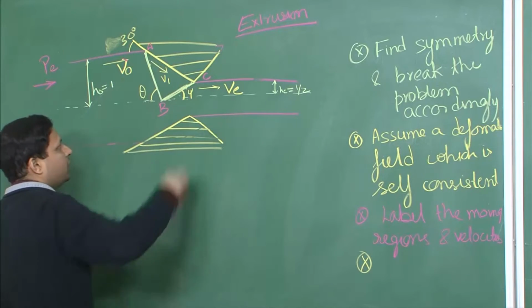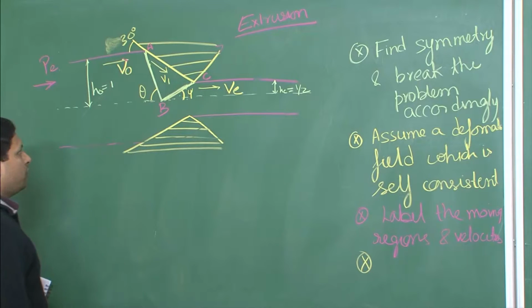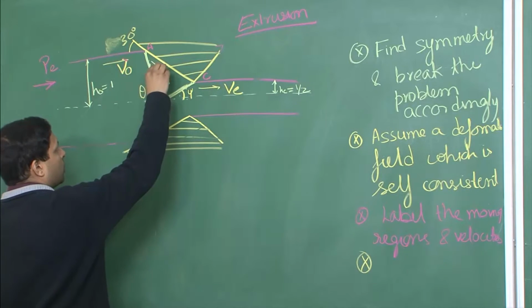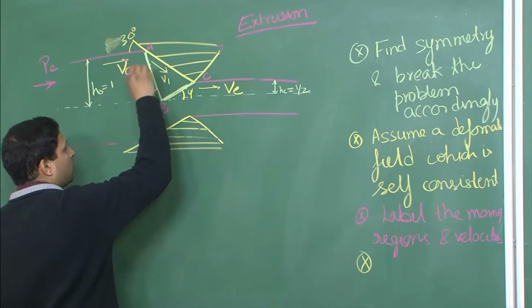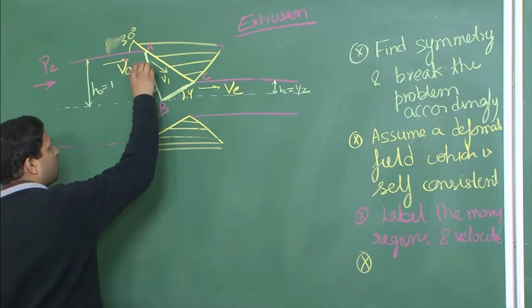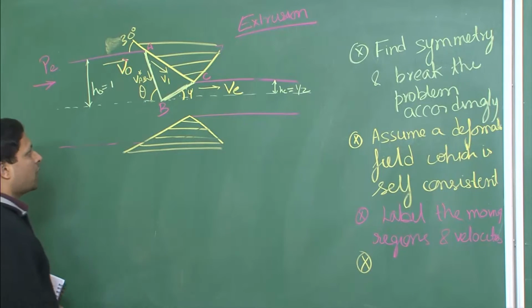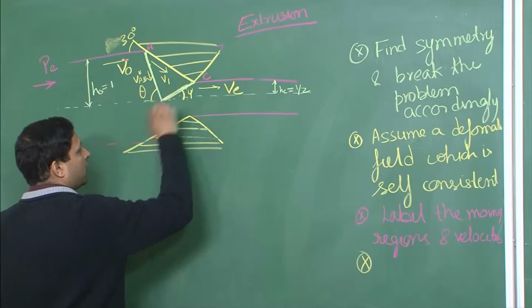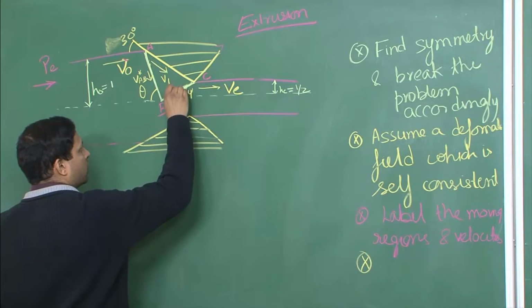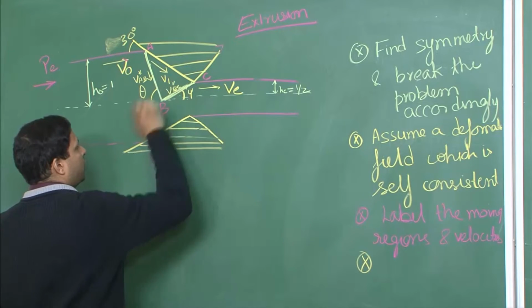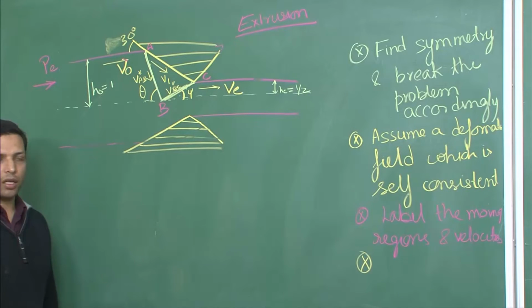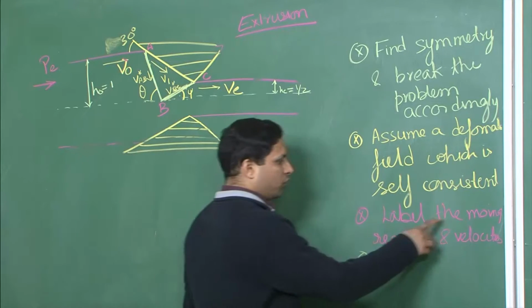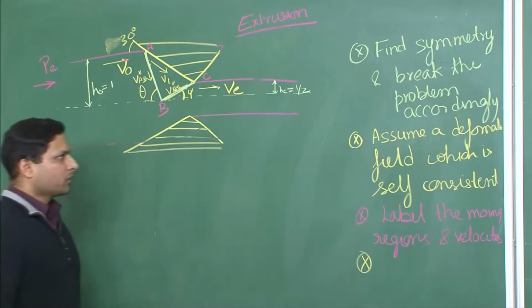So, the material inside is flowing here as V1, and since there is shearing going on, there must be some velocity over here also, we will call that V star AB, and since it is internal shearing, I denote it with a star. Again there is shearing over here along this plane, and I will denote it by V star BC. So, these are the velocities. Now I have labeled the moving regions and the velocities.